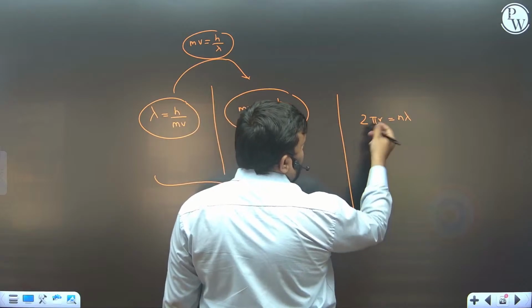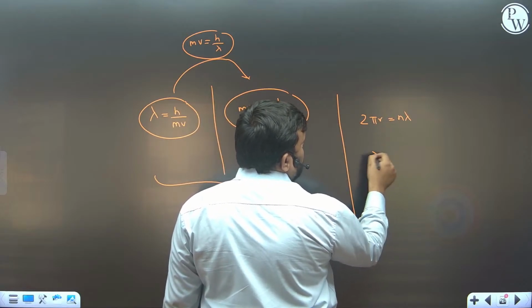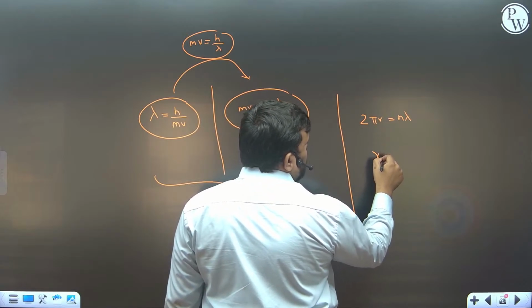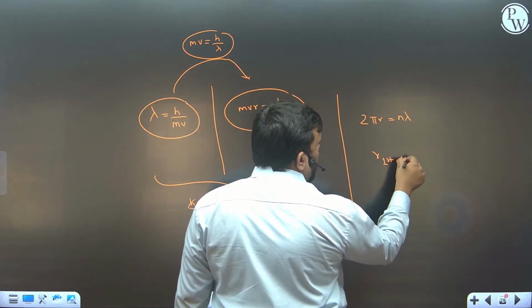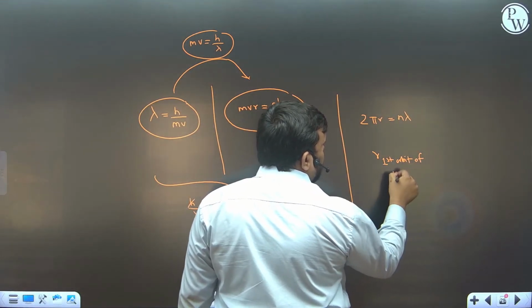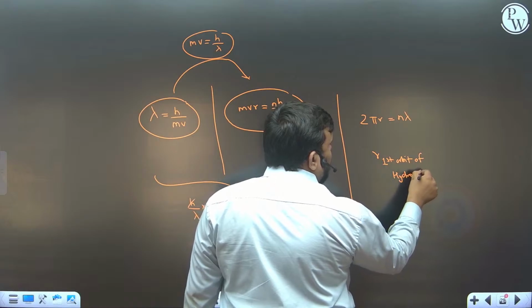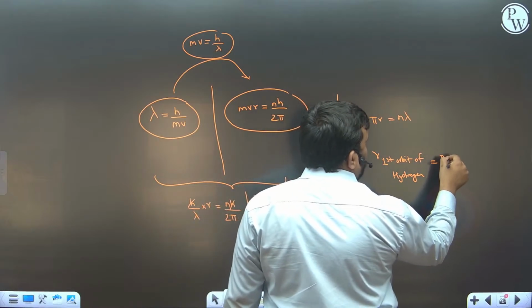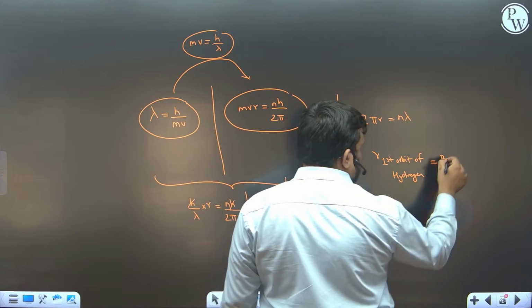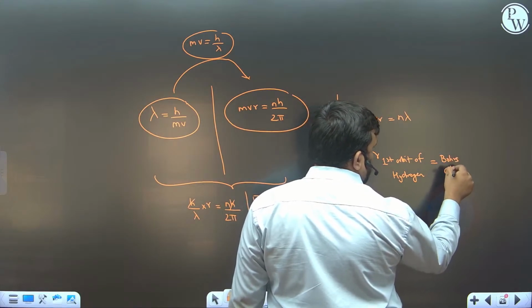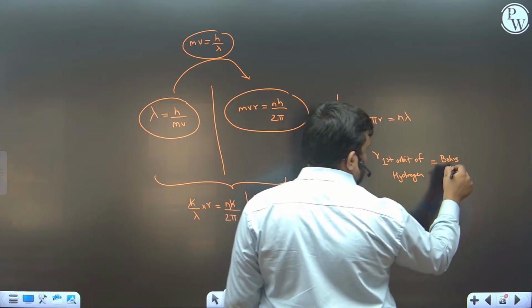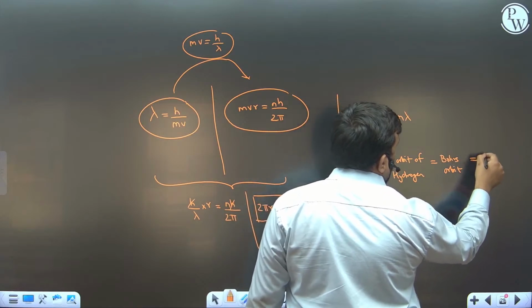Sometimes they are taking the radius of the first orbit of hydrogen, which we call Bohr's orbit, as A naught.